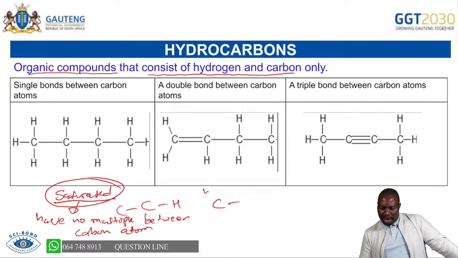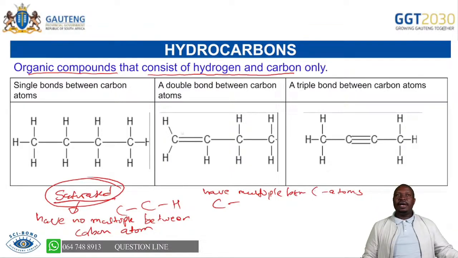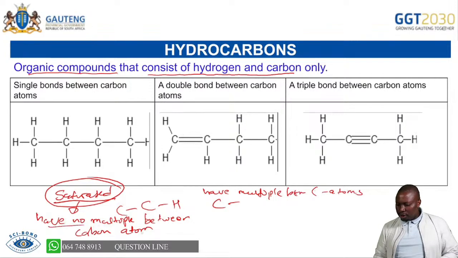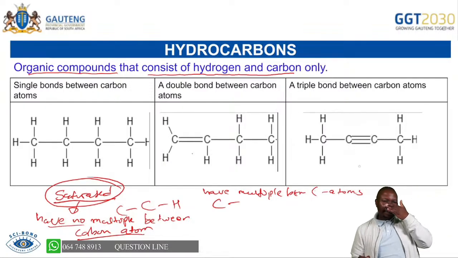Then we refer to them as unsaturated. So saturated have no multiple bonds between carbon atoms, and unsaturated have multiple bonds between carbon atoms. Even these ones have a triple bond between carbon atoms, so you will refer to them as unsaturated.